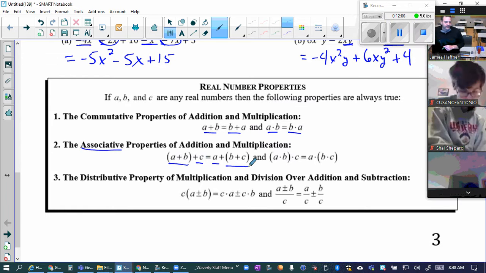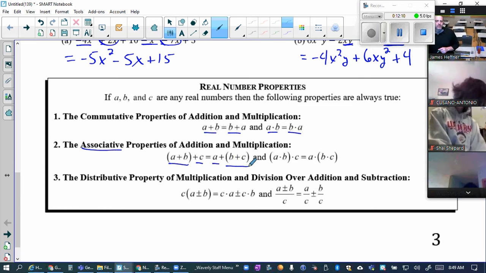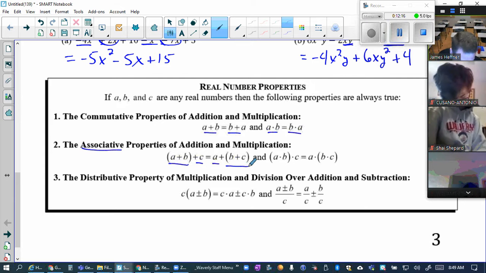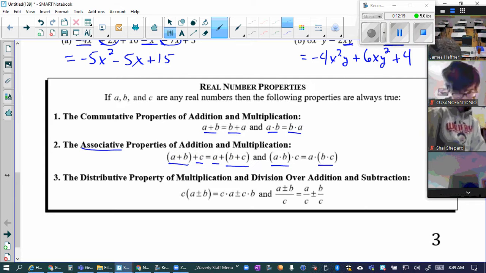It's like in the cafeteria. Maybe you're moving to a different lunch table. It doesn't change the number of kids in the room, does it? You just group differently. And the same with multiplication. If it's all multiplication, I can group it any way I like. So that's the associative property.